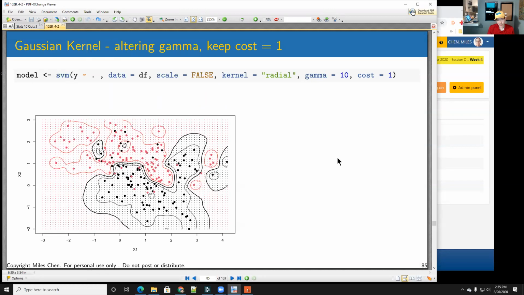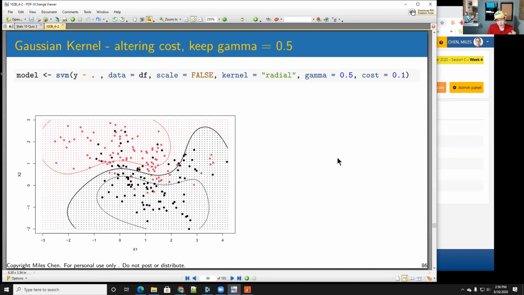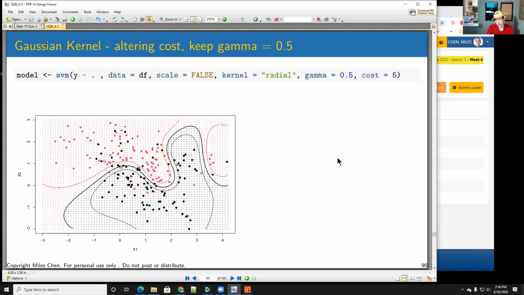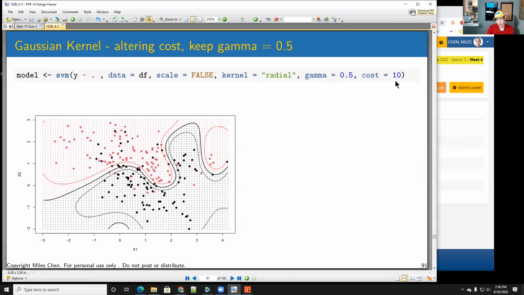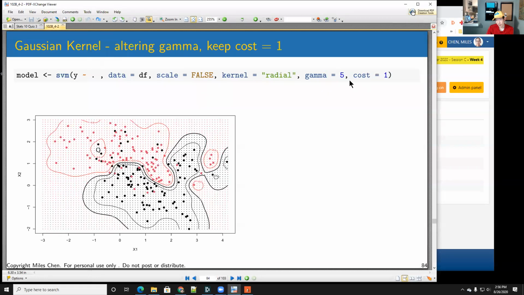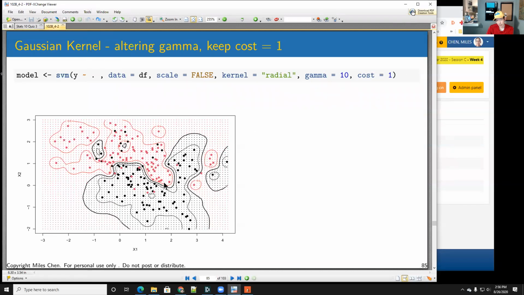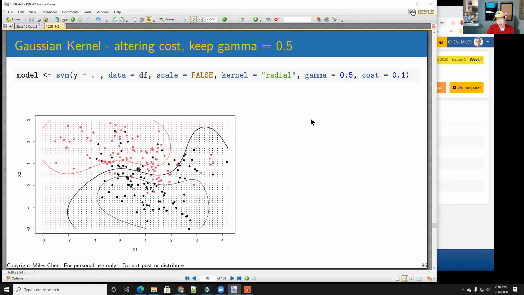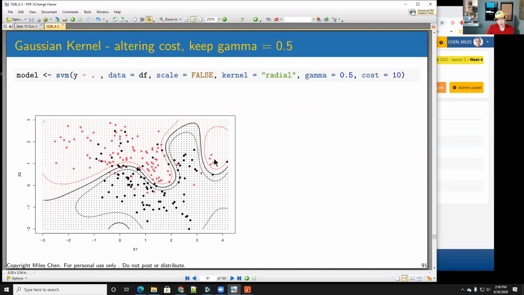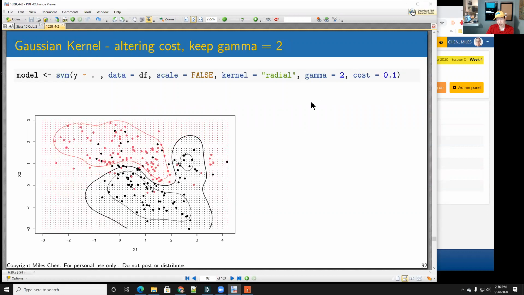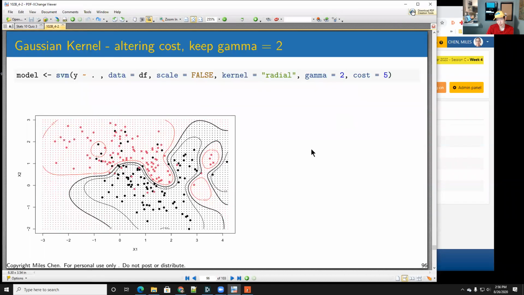And so these slides, I would say, scroll through these slides. These are just meant so you can flip through them and see the different effects of picking different gamma and cost values. You can see how the edges get really wiggly, or different things happen as we mess around with this.